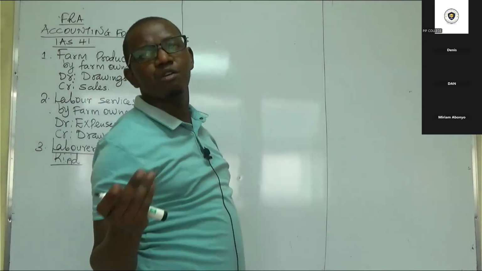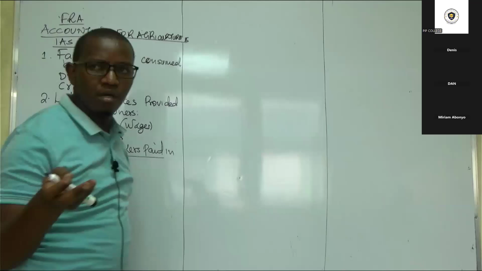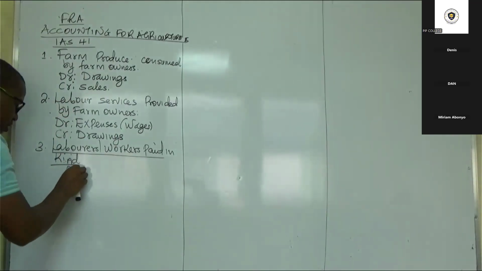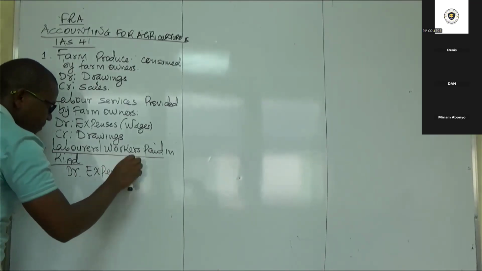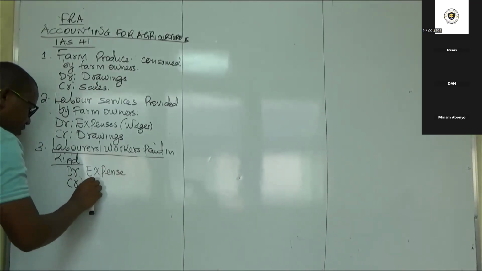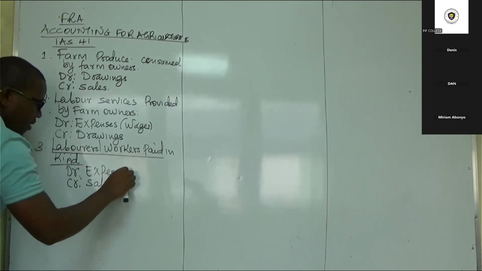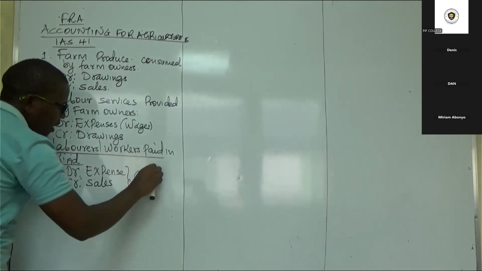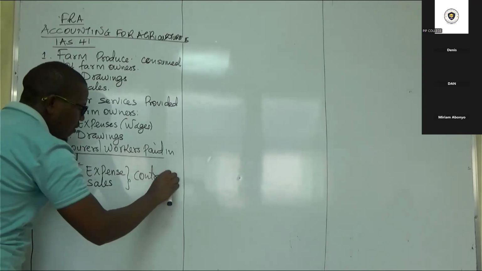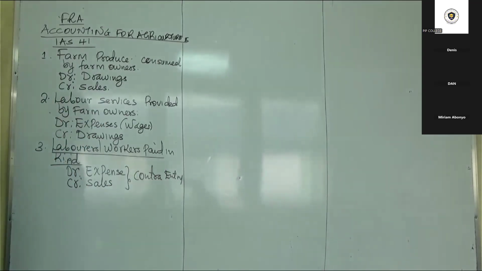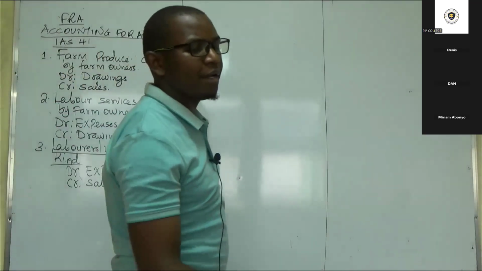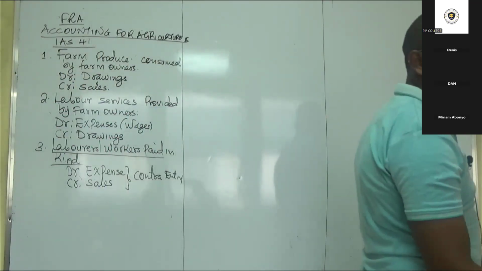We do what we call a contra entry. Here, we'll debit the expense because they have provided the labor. Then you credit the sales. Mainly what I mean is it should be a contra entry. They've provided it, paid in kind.